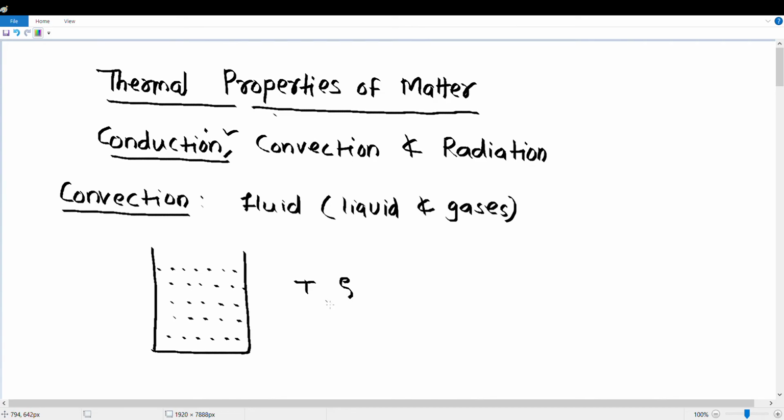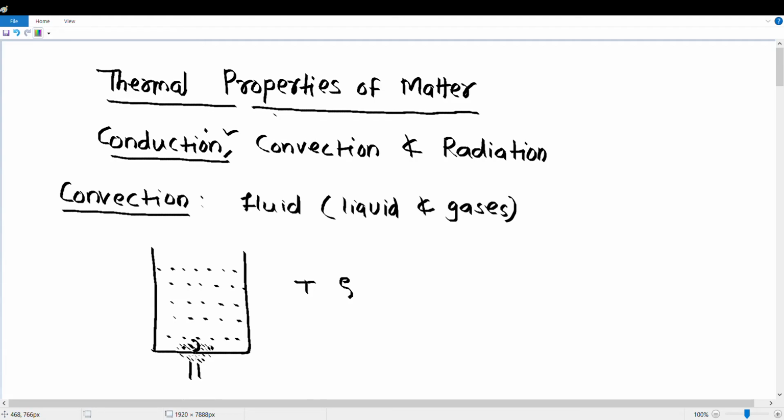The temperature and density of water in all parts is initially the same. Now let us consider we have a burner. With the help of this burner we provide heat to the water in this pot. The heat is first received by the molecules at the bottom, which are close to the flame.